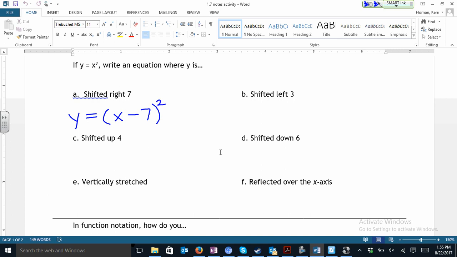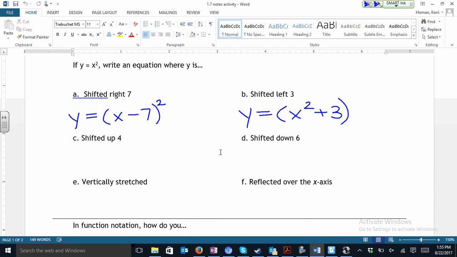Okay, pod 2, B. Y equals parentheses x squared plus 3. Okay, so there is a difference between A and B. Right? Which one is the notation that we need?